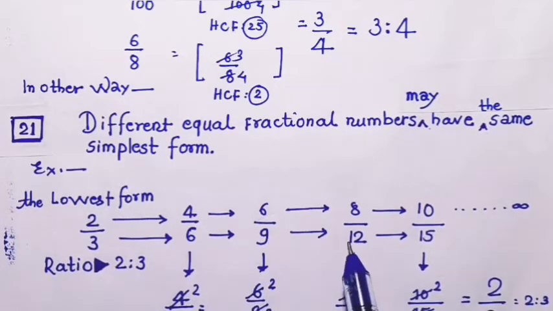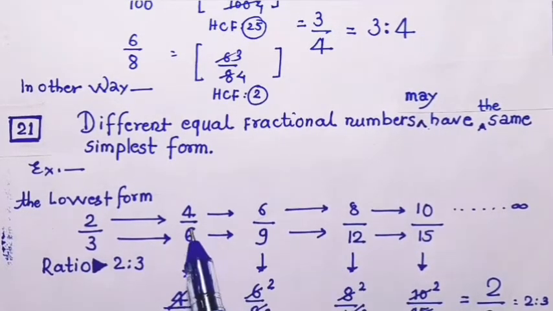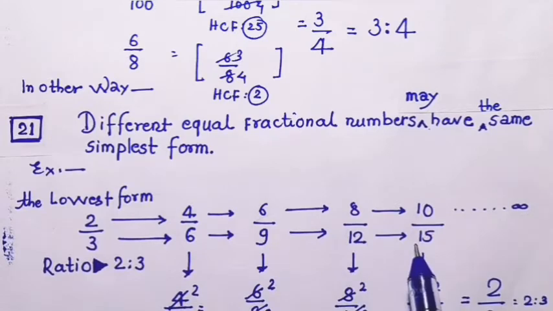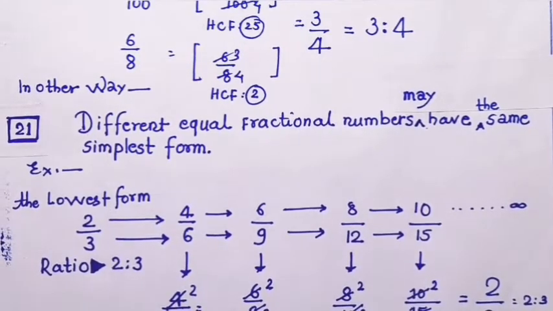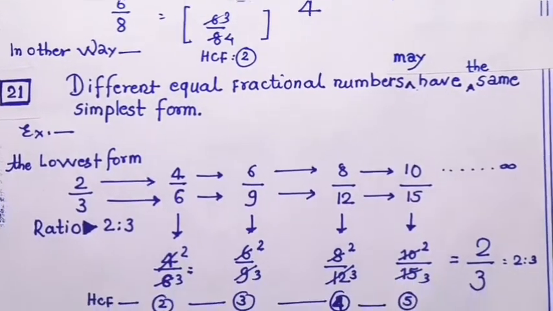These are the different numbers, and these numbers give the simplest form. In this way you can see below.